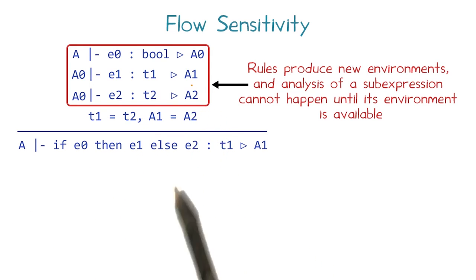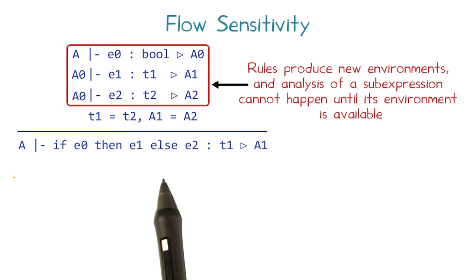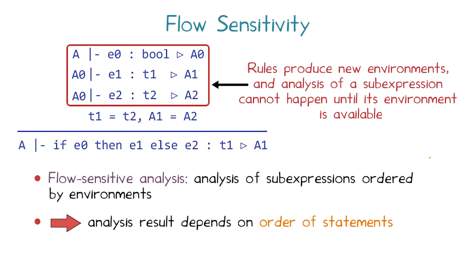We would then need to solve the side condition that environments A1 and A2 are equal, in addition to the previous side condition that T1 equals T2. In order to prove that, under the environment A, the expression if E0 then E1 else E2 has the type T1 and the output environment A1. This kind of analysis is called flow-sensitive analysis.